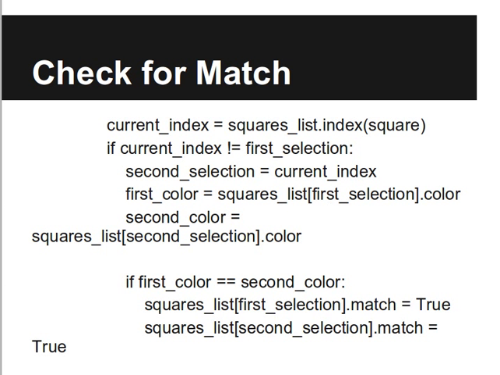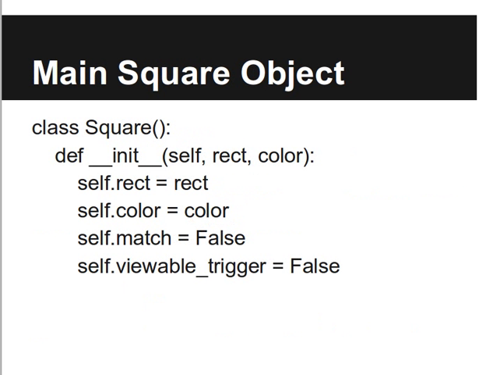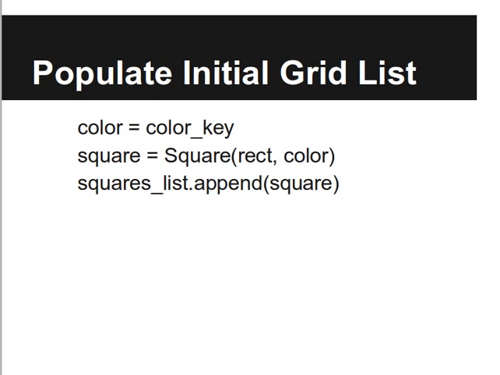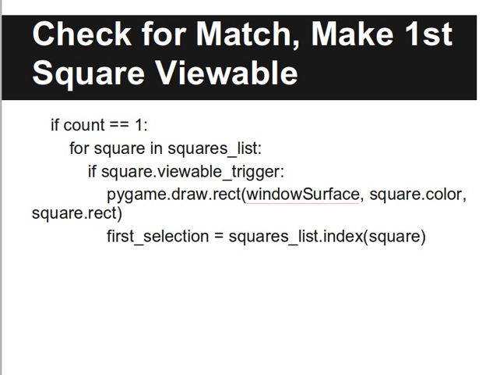If you remember, okay, I'll go back. So you have the object, right? The squares list is just a list of these objects. One of the attributes is the rectangle, one of the attributes is the color. So if you know the index number for this list, you'll be able to find the color. Let's go back down.